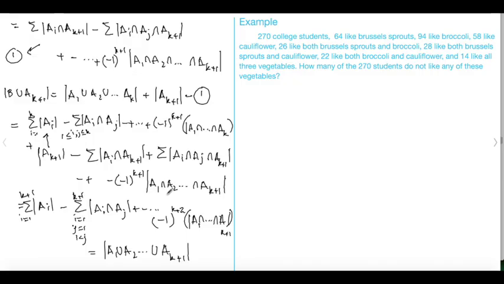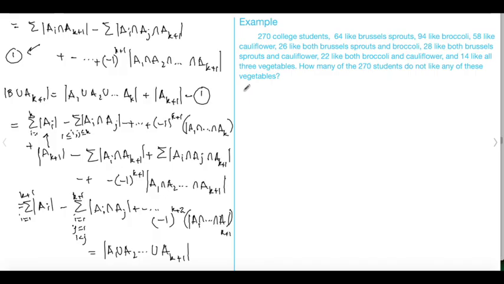Okay, now let's see an example of this inclusion exclusion principle. We have 270 college students and 64 like one type of vegetable, 94 like another type of vegetable, and 58 like another type of vegetable. And there is some other information here as well.